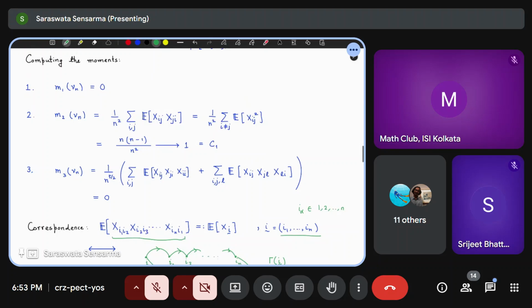For example, let's look at this graph: i to j, j to i. You have i, from there you go to j, from j you come back to i. Similarly, this graph is from i you go to j, from j you go to i, from i you stay at i.